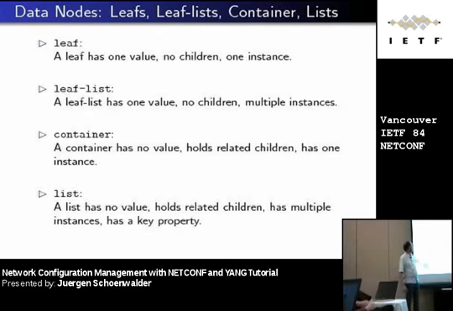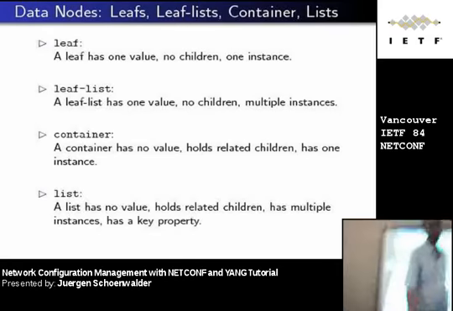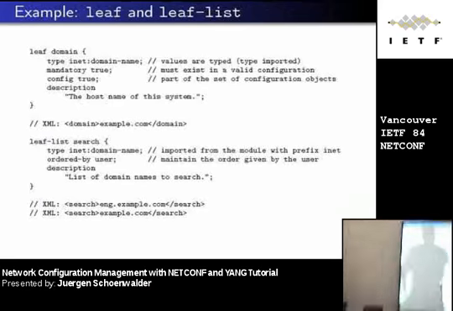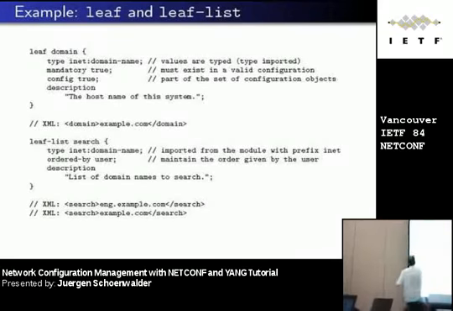A list holds no value itself but a set of related children. You can have multiple instances, and to distinguish those instances, you have to specify which elements have the key property.